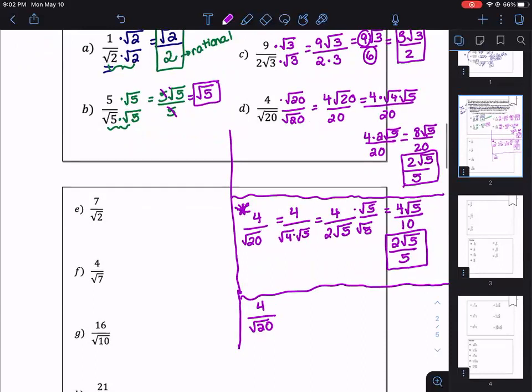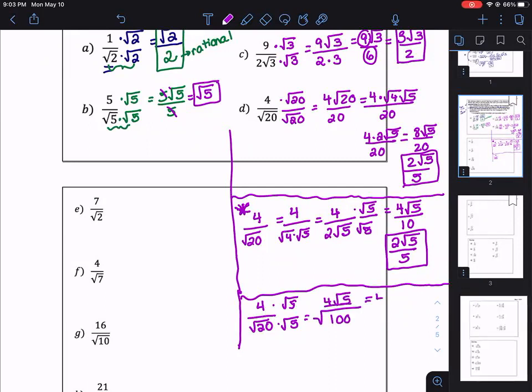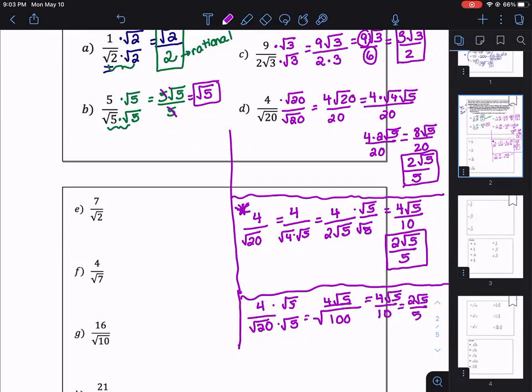So if I multiply radical 20 times 2, I get radical 40, times 3 is radical 60, times radical 4 is radical 80, but times radical 5 is the square root of 100, which is a perfect square. I end up with 4 radical 5 over 10, which simplifies to 2 radical 5 over 5. This third way is not always possible.